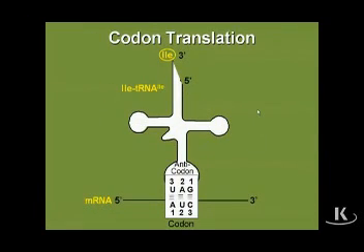How does that work then when we come to build a protein? Well, the anticodon portion of the transfer RNA is going to bind complementarily and anti-parallel with the codon.